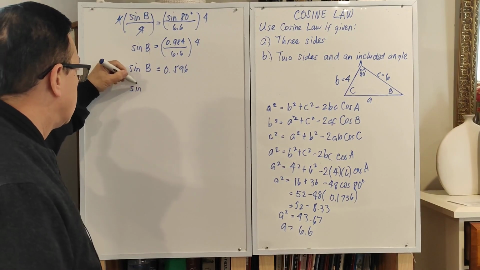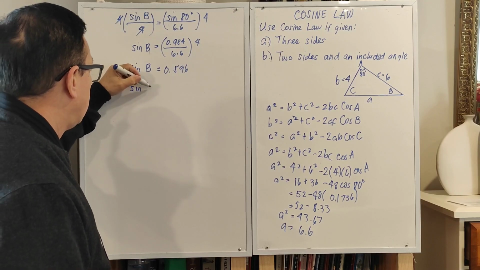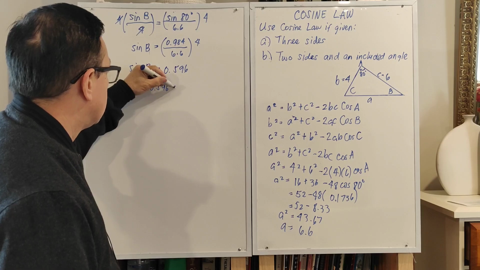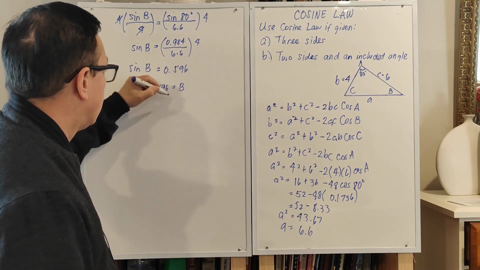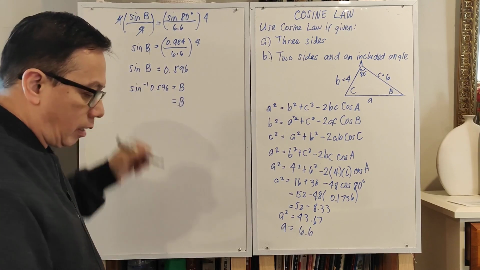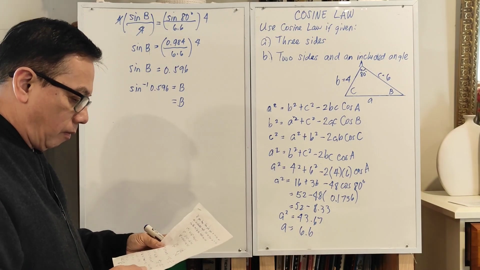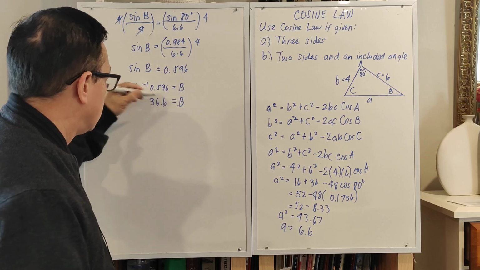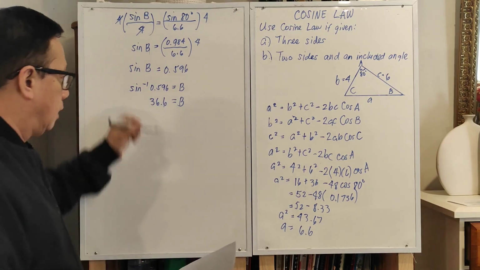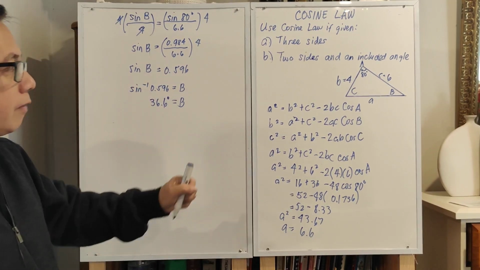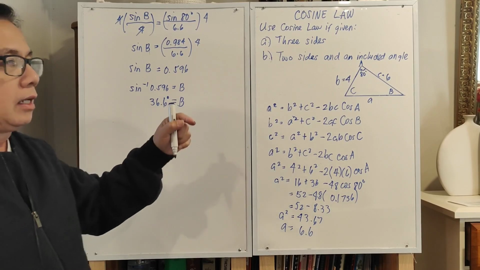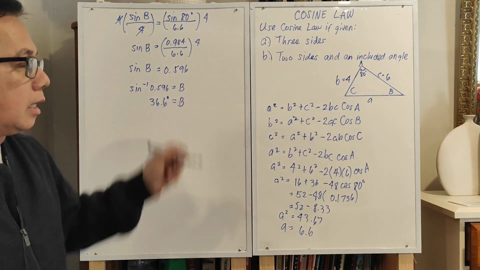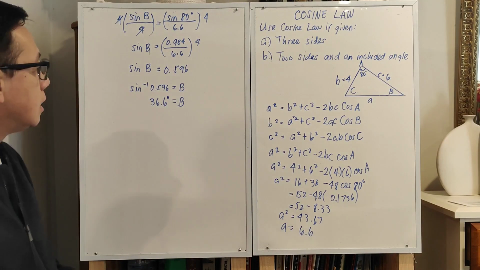This is written like this: sine negative 1 of 0.596 is equal to B. And if you solve it using the calculator, B will be 36.6 degrees.